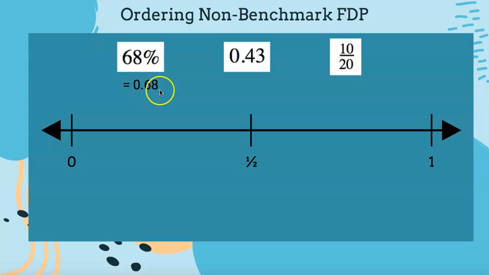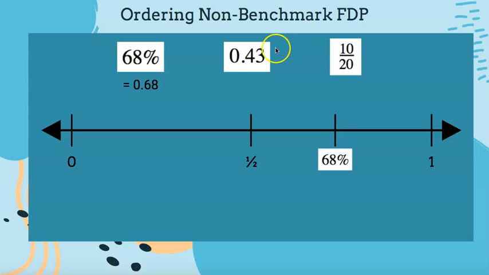It's easier to compare to the others if we get those in decimal form also. 68/100ths is pretty close to 75/100ths, which is 3/4. If 3/4 is about right here between 1/2 and 1, then 68/100ths would be pretty close to that also. So we can put 68% right there on our number line.